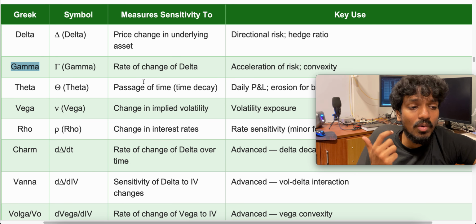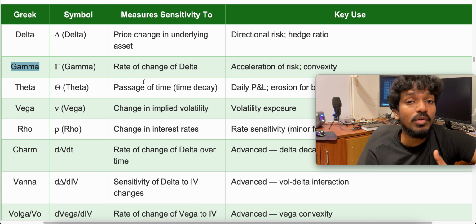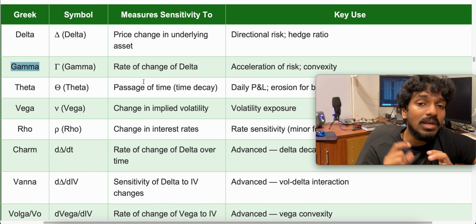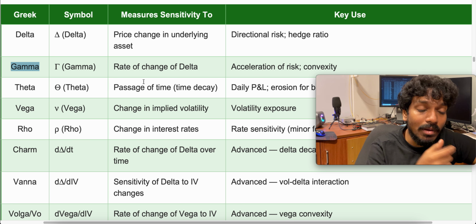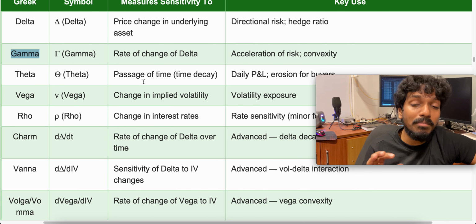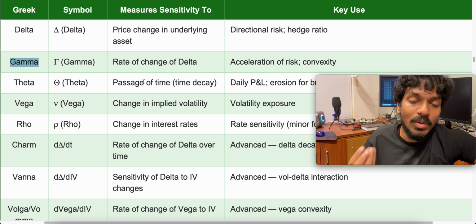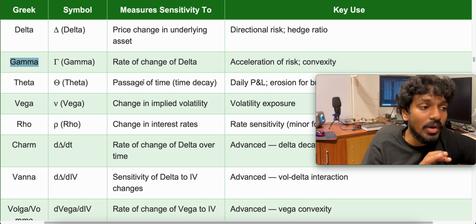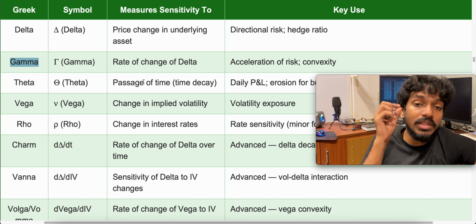For example, based on the current price and the delta, you can use gamma and build a strategy to find out the risk your portfolio, or your strike price, is holding.